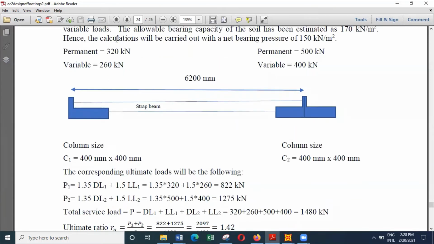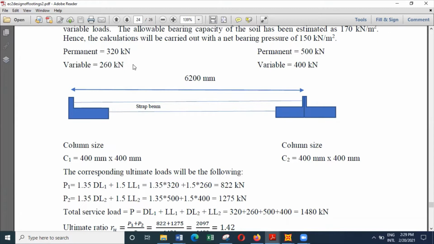The addition of the load on this base is 320 plus 260, that is about 580 kilonewtons, and we know it's going to increase. So if we divide 580 by 150 divided by 2.5, we get something like 1.54 meters.